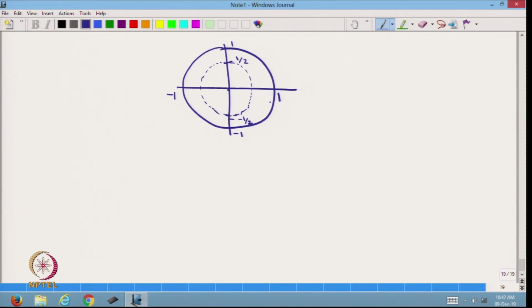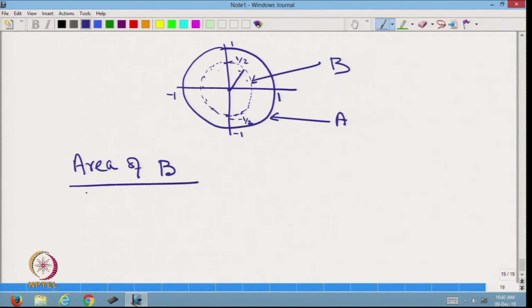Therefore, we shall say a favorable outcome will be if we choose the point from inside this circle. Therefore, its distance from the origin will be less than half. Therefore, the area of B, consider this is B and let us call this A, upon the area of A, can give us the probability of that event to occur.